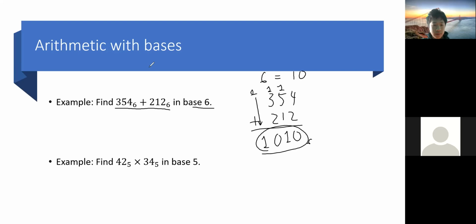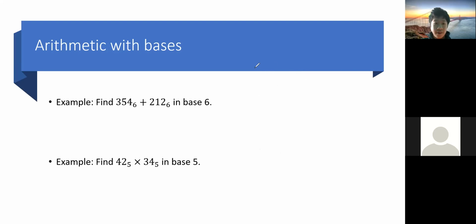Okay. That one's relatively easy compared to multiplying in base 5. So let's multiply 42 times 34 in base 5. 2 times 4. We're just going to multiply as normal, but convert everything to base 5. 2 times 4 is 8.